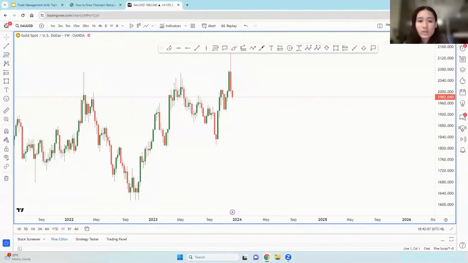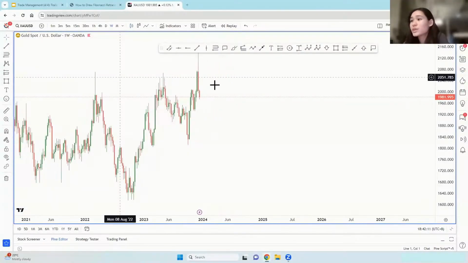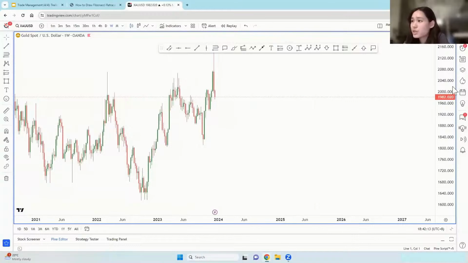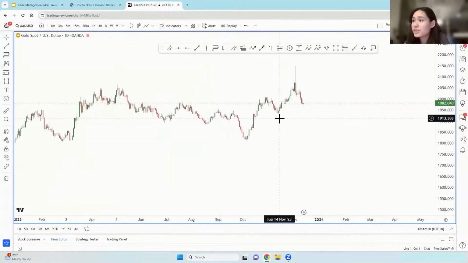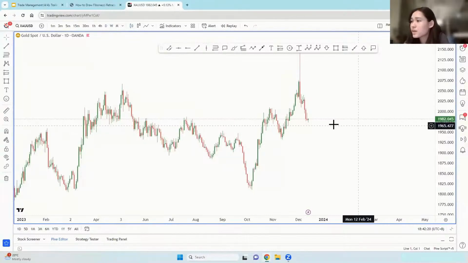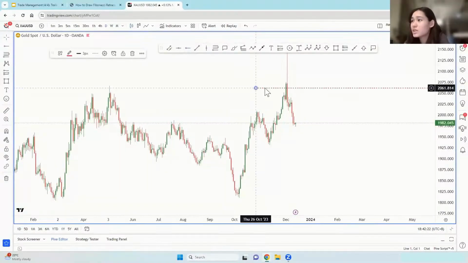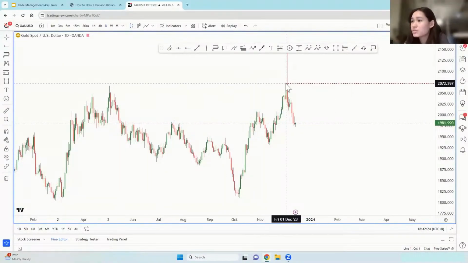On our weekly time frame, we can see it's pretty bullish. On our daily time frame, we can't really tell because it's kind of trending.